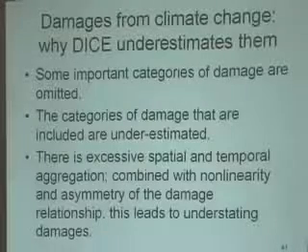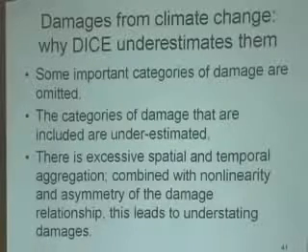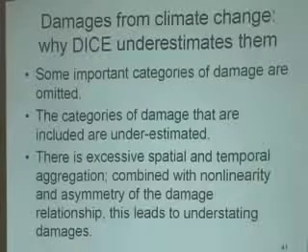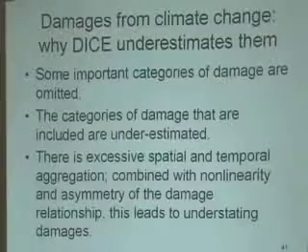Nordhaus is very transparent and gives data on the disaggregation of his analysis, including a table showing his calculation of the damages to various regions of the world if there were a 2.5 degree warming by the end of the century. One of the regions is the United States. I don't know about the whole world, but I do know very extensively all the literature done on the United States. And I think he is wrong in his assessment of the damages to the United States by a factor of 3 or 4.